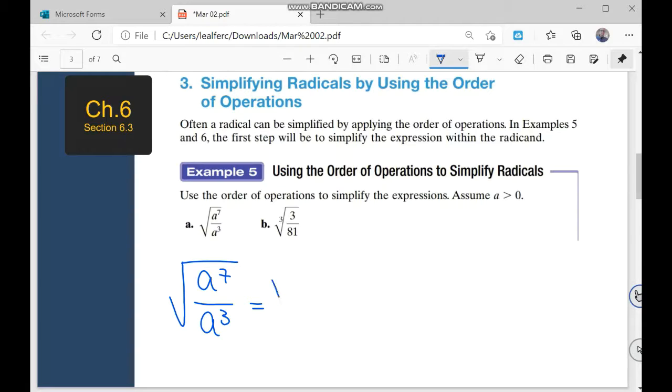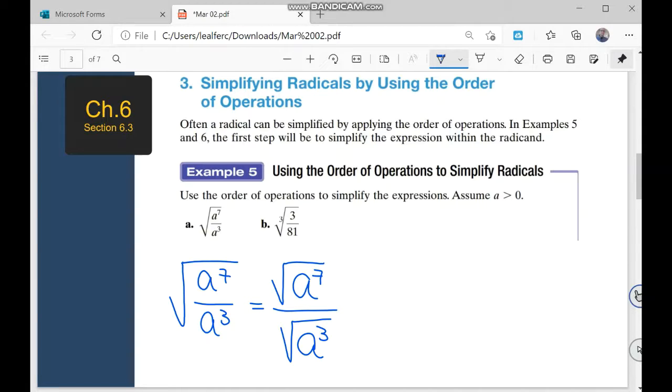You can split this fraction as the square root of a to the 7th over the square root of a cubed. You can work like that, but you will have more work. You need to spend more time and make more effort to find the answer.